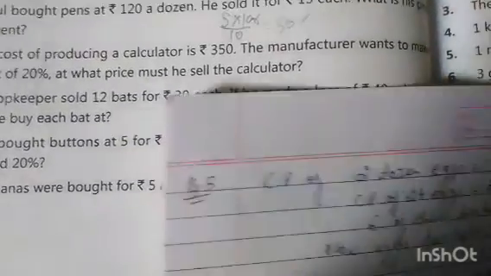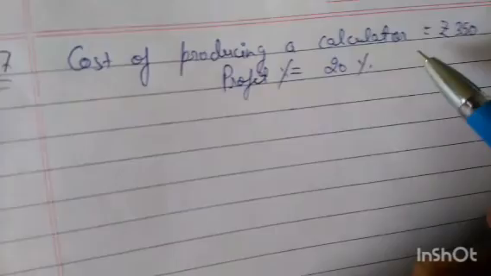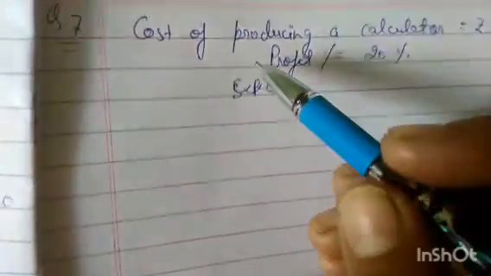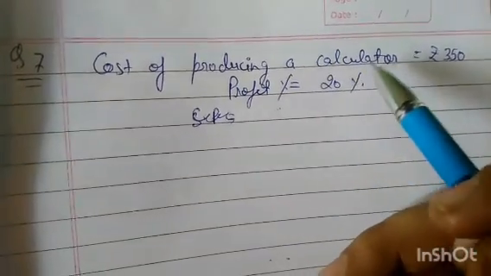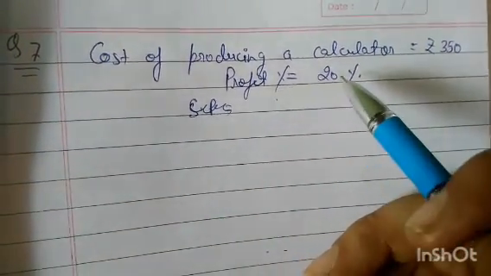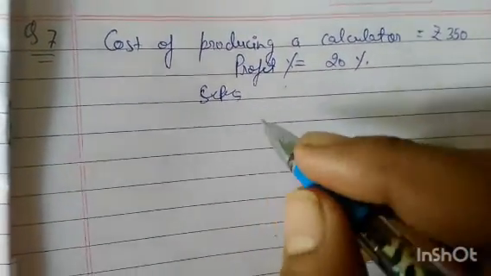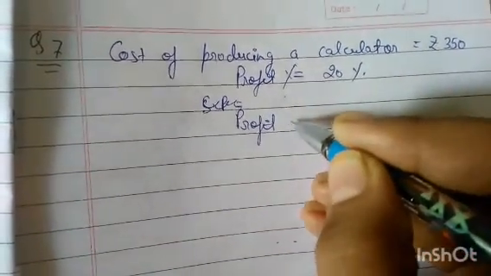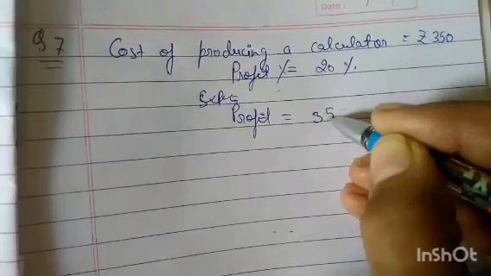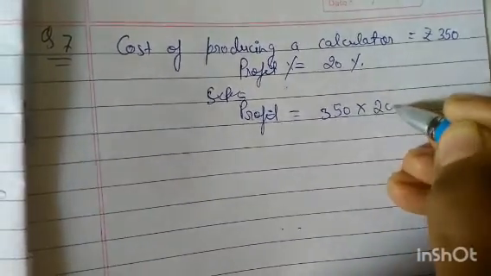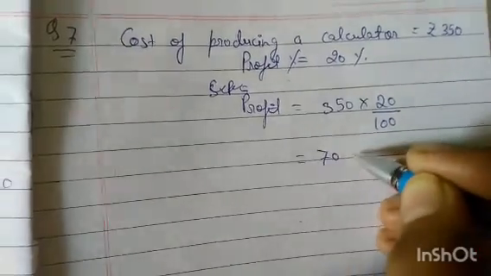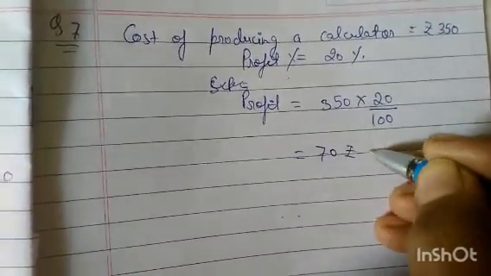So just see, cost of producing a calculator rupees 350, profit percent is 20%, and find out the selling price. So first find out the profit value. Profit value is equal to 350 into 20 by 100, 70 rupees profit.